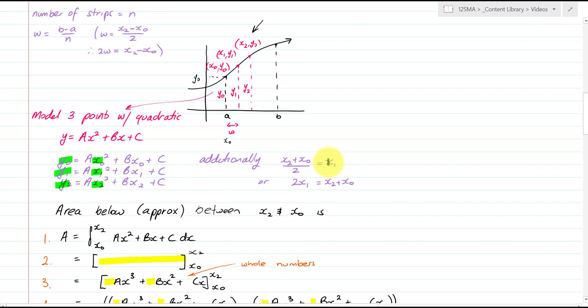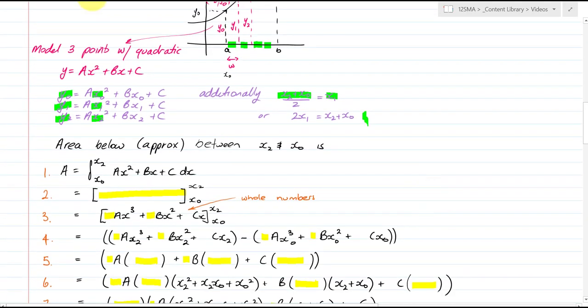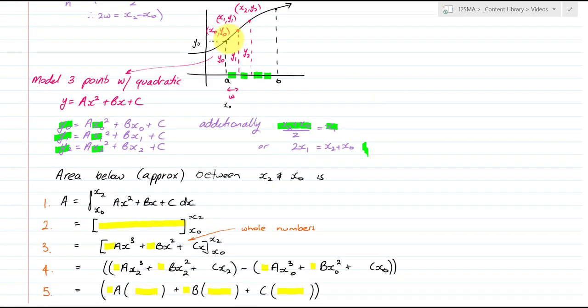And I also know that x1 is the midpoint of x2 and x0. I'm making that statement because I'm choosing to have them evenly spaced along the base. So I can rearrange it to get this. And I'll use that. So to find the area under the quadratic, so this is not a quadratic, but the estimation is a quadratic, which you'll see if I draw a quadratic between those 3 points, it's going to be pretty much on that curve.